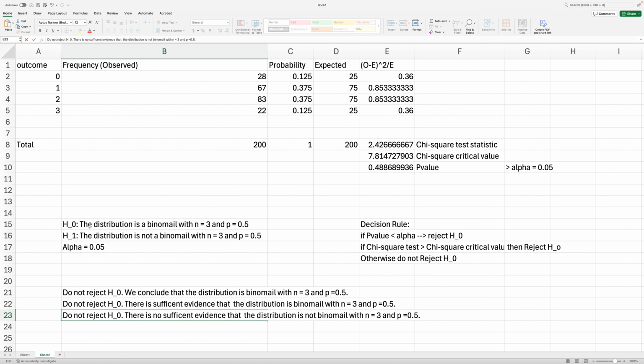Or we can say we don't reject the null hypothesis, and going back to the alternative, there is no sufficient evidence that the distribution is not binomial. So we conclude that the distribution is binomial.